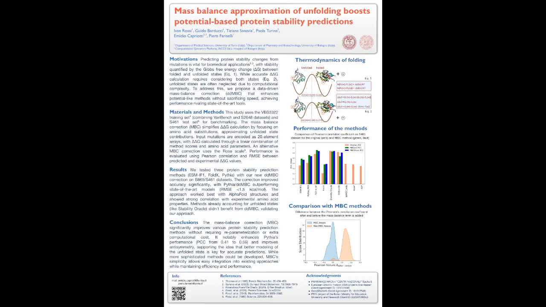So it is possible to derive the new mass balance approximation, which involves just two parameters, namely the answer of the original method and the difference between the Rose scale values for the two amino acids involved in the mutation.